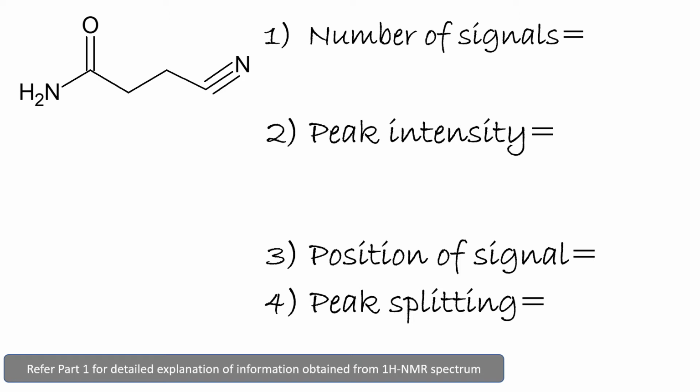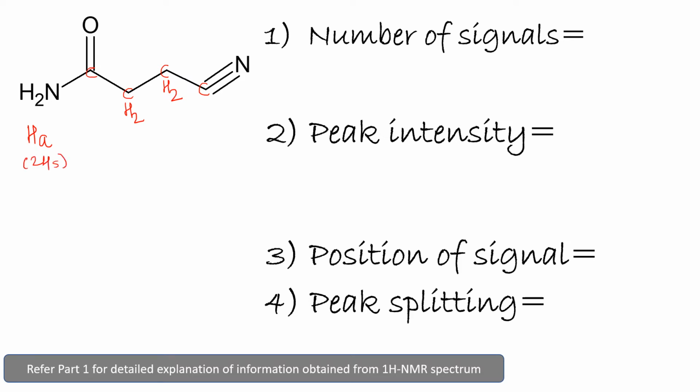Let us try to understand how many signals we can get from this particular structure. The basic rules I have explained in an earlier video. Here we first have to see chemical equivalence: how many sets of chemically equivalent hydrogens are present. This is NH2, this is C, this is CH2, this is also CH2, this is C and N. I see HA, these two are chemically equivalent, so I get one signal for these two hydrogens.